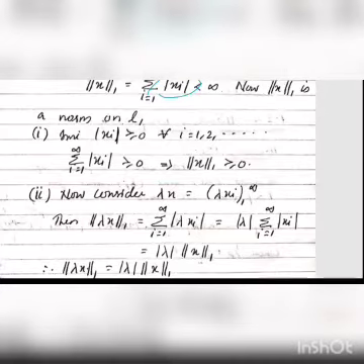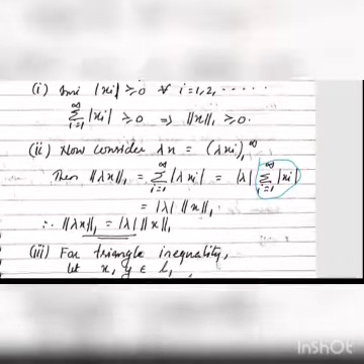Lambda can be taken out of this summation, so that's equal to mod lambda into sigma i equal to 1 to infinity mod xi. This quantity is nothing but the 1 norm of x, so that is mod lambda into the 1 norm of x. So the second property is also satisfied.